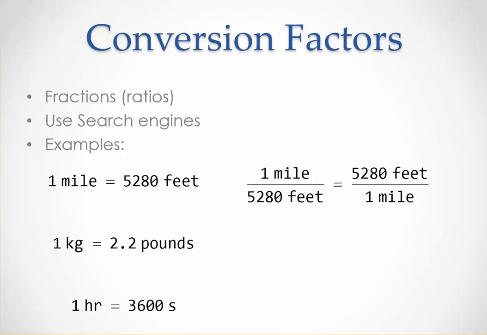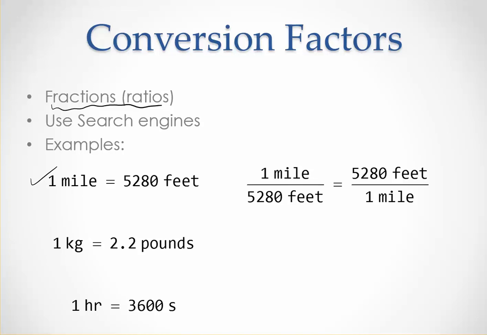When we look at conversion factors, they are really fractions or ratios. The best way to find these is using your search engine. We'll talk about that in a moment. Some examples that I've included here: 1 mile equals 5,280 feet.